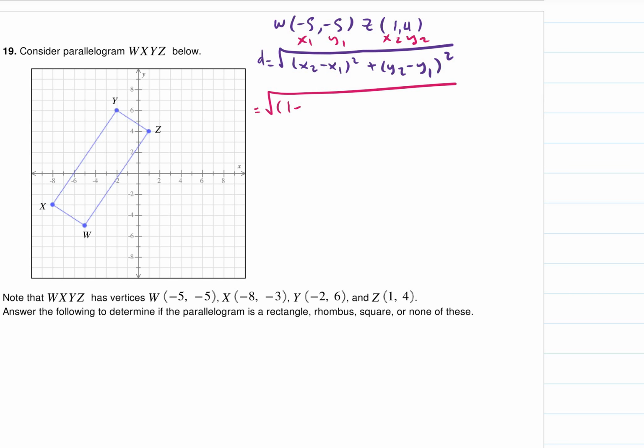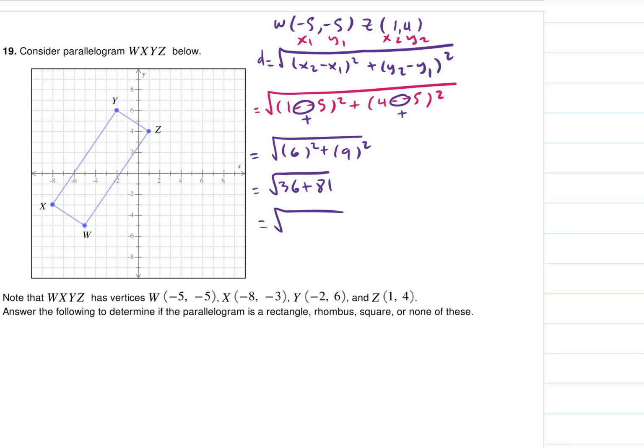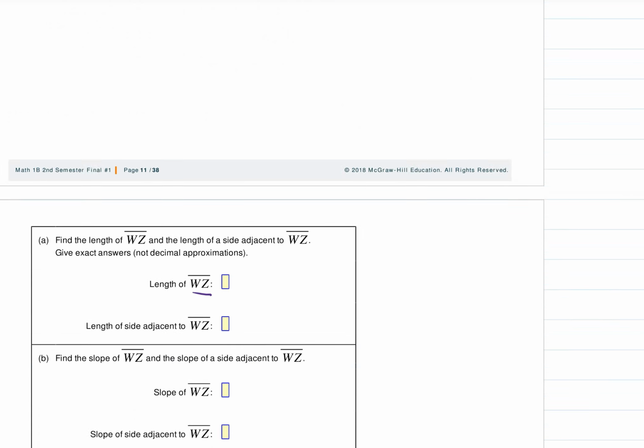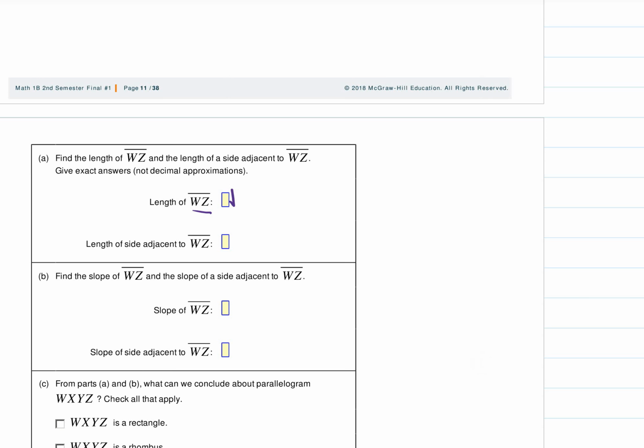That will be 1 minus -5 squared plus 4 minus -5 squared. Two negative signs give a positive sign. That turns into 6 squared plus 9 squared. 6 squared is 36 plus 81, so that would be the square root of 117. So WZ is the square root of 117.